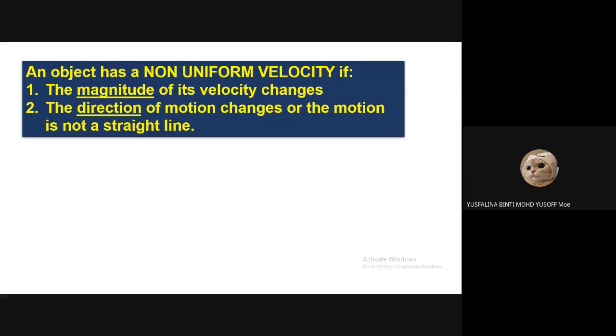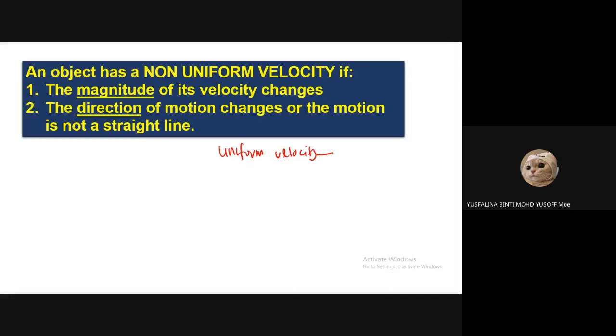So for uniform velocity, the magnitude and the direction should be the same. It means if the object travels to the left, it will keep moving to the left, right? And also the magnitude should be the same. If it moves at 50 meters per second, it still moves at 50 meters per second without any change. If that happens, we can say the object moves with uniform velocity.